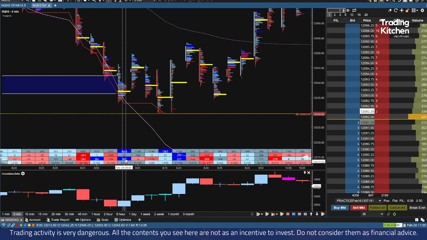So the difference between buyers and sellers, between bid and ask. If we have a blue color like here and like here, it means that we have a strong amount of buyers. That doesn't necessarily mean that price is going up. This is the logic.